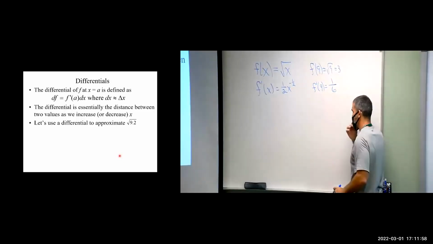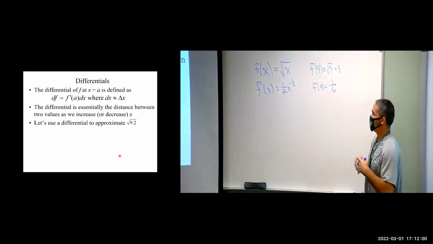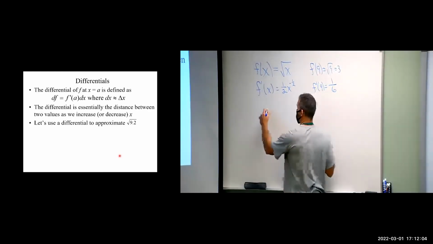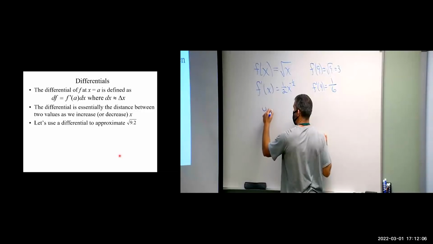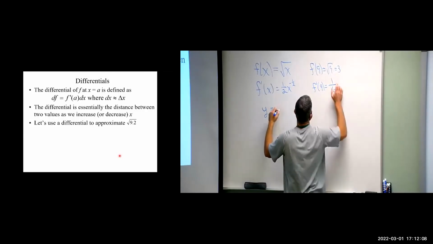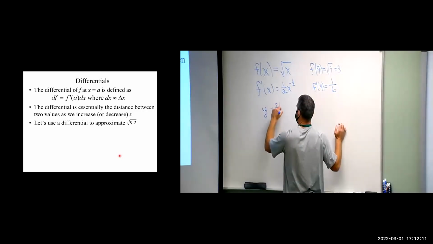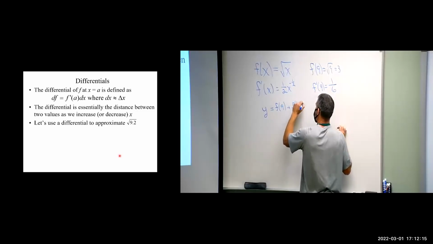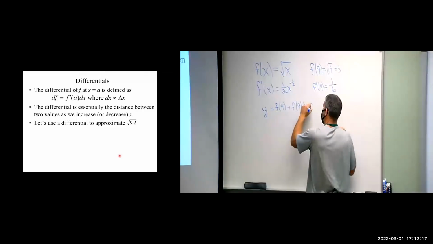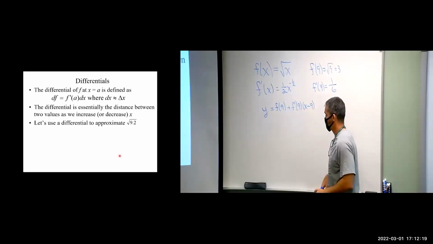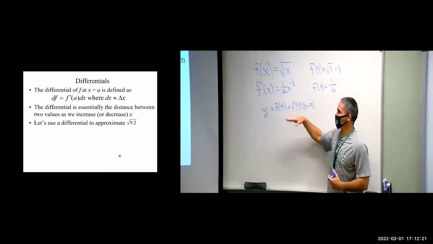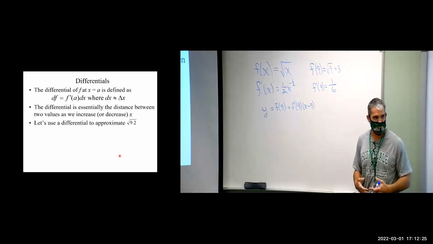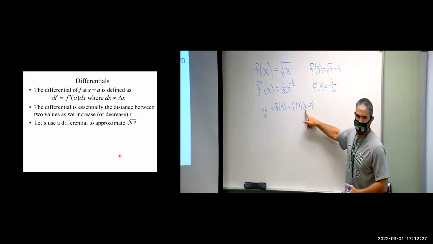Now, if we were setting up a tangent line, we would say y is approximately f of 9 plus f prime of 9 times x minus 9. And now if we wanted to get what square root of 9.2 is, we put 9.2 in for x.